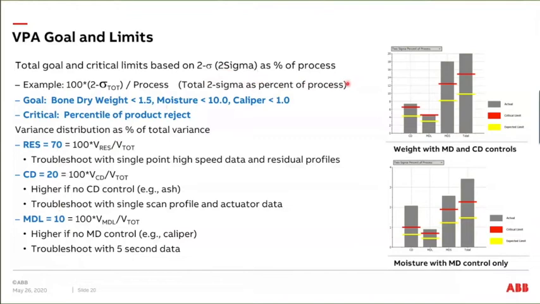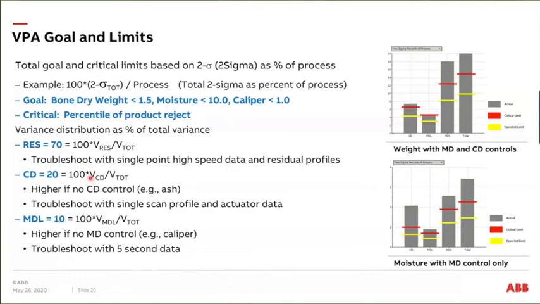The reason we do percent of process is to allow that measure to be more meaningful when I look at a heavyweight versus a lightweight grade. So that 1.5% versus the 1%, these are the totals. Those total values, and based on these distributions, will be our goals.